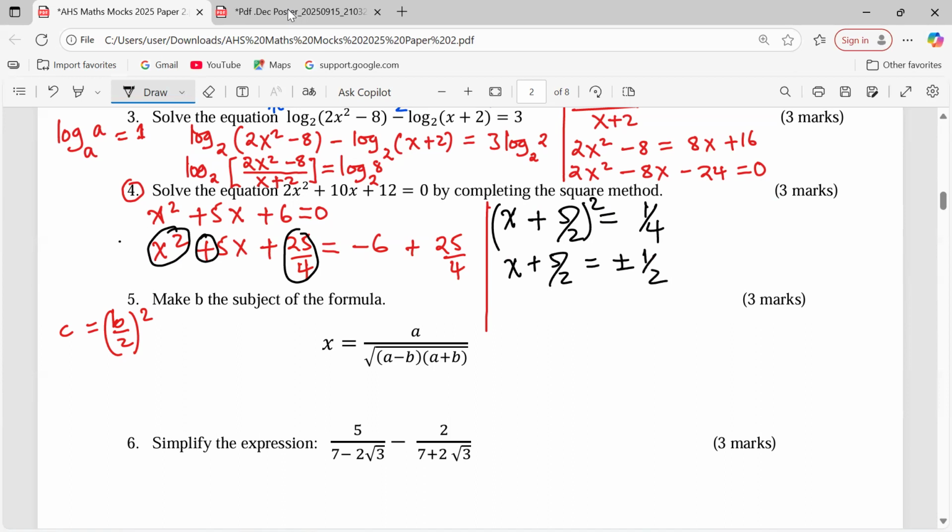So the value of x shall be half minus 5 over 2, giving us -2, or negative half minus 5 over 2, which gives us -3. So that is it now.